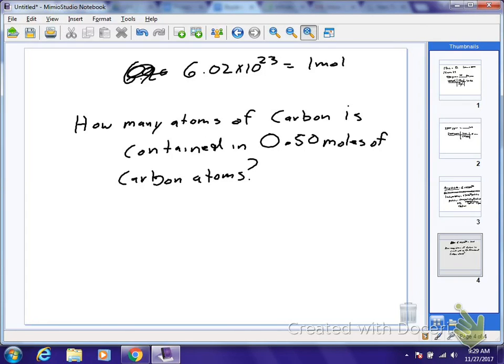Alright, so this is a real simple, general question. We want to know how many atoms we would have based upon 0.5 moles of carbon atoms.